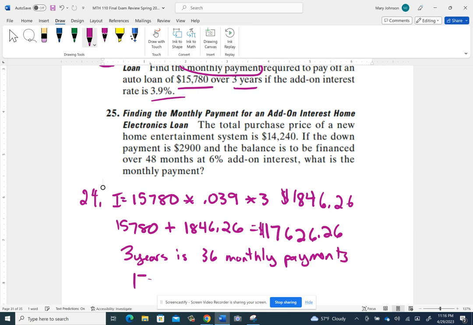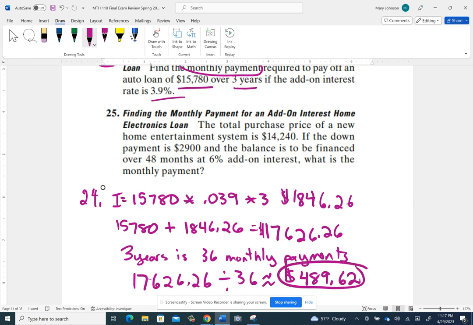So take that $17,626.26, which is the amount of the loan plus the interest, and divide it into 36 equal payments by dividing by 36. And that gives you $489.62, about 62 cents. And that's what they wanted, the monthly payment. The other two problems are very similar to that.